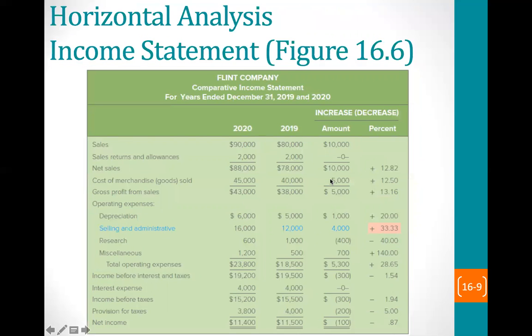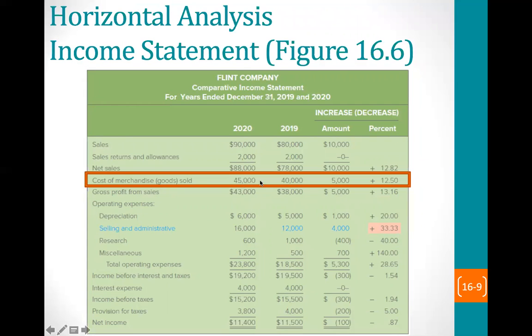In preparing a horizontal analysis, we're doing the same thing as we did with the balance sheet. We're going to take a look at cost of goods sold here. In 2020, our cost of goods sold is $45,000. In 2019, it was $40,000. So our increase amount is $45,000 less 40. Our increase was $5,000. 5,000 divided by the old year of 40,000 gives us 0.125.